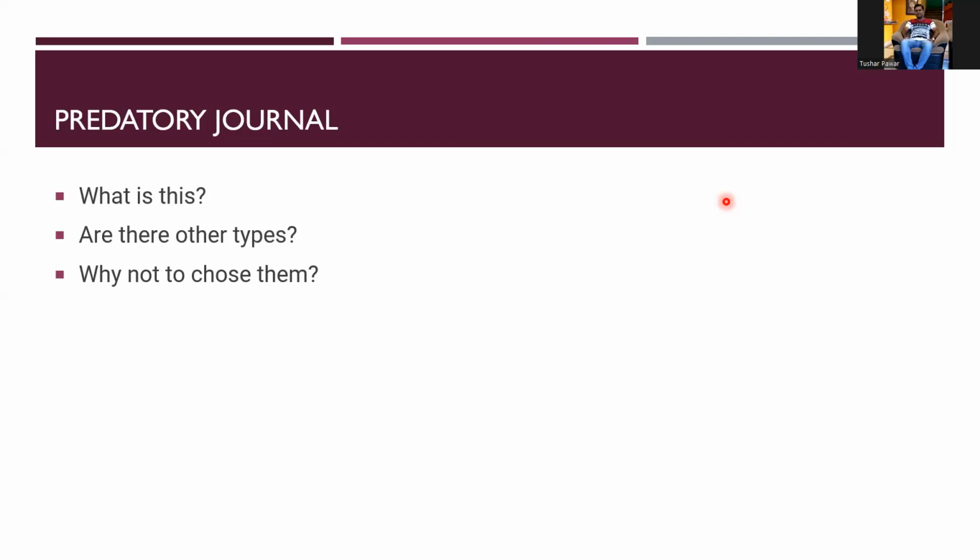They use the title of the reputed journals and they mislead the readers. So we feel that it is the same journal which is very renowned, but actually it is not. There are predatory publishers also. So the journals published by predatory publishers are the predatory journals itself.